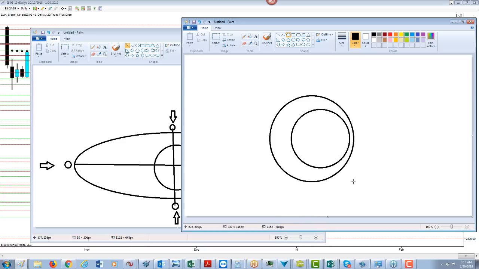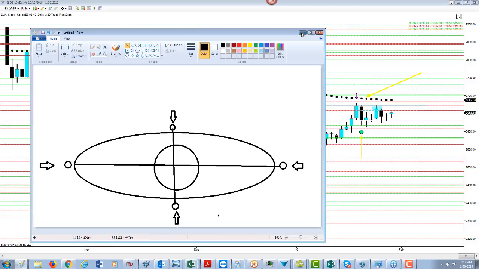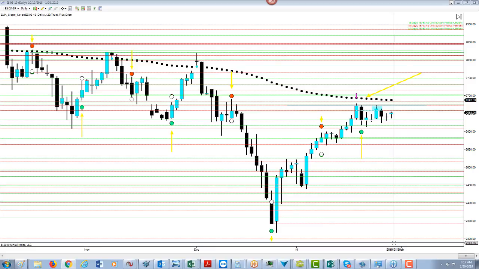So we feel better, we feel worse. We feel better, we feel worse. Greedy, paranoid, risk-taking, risk-averse. And the theory basically bears out fairly accurately, I would think, in a chart like the S&P.